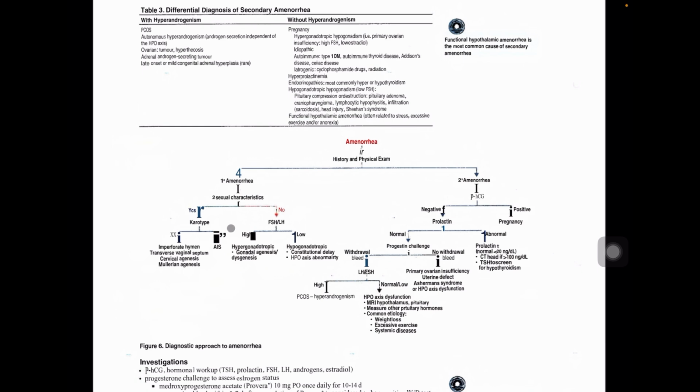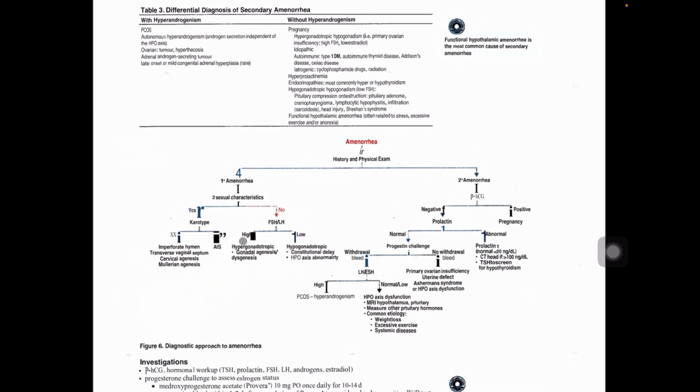If yes, like breast and pelvic development are normal, then you will do karyotyping. Okay, and in karyotyping you will check for XX, and you'll check for imperforate hymen, transverse vaginal septum, cervical agenesis, Mullerian agenesis. So this is for everyone with secondary sexual characteristics.